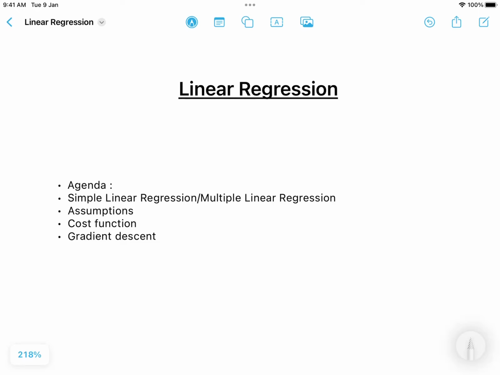And we will touch the topics of cost function and gradient descent. We are just going to understand what they are, but not study them in detail in this class because they are very large topics. So we will discuss cost function and gradient descent in the following classes.